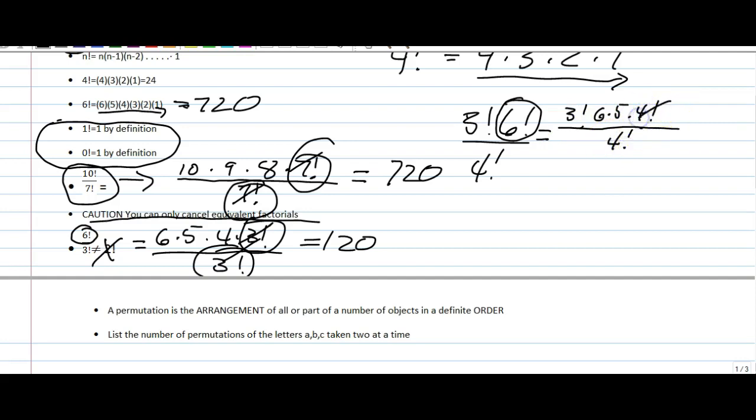Now again, you can only cancel equivalent factorials. That is 4 factorial with 4 factorial, or 3 factorial with 3 factorial, or 7 factorial with 7 factorial. So that gives me 3 factorial times 6 times 5.